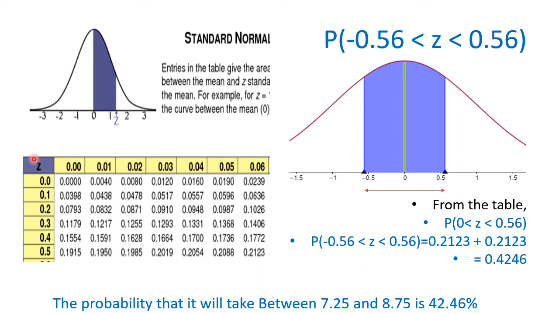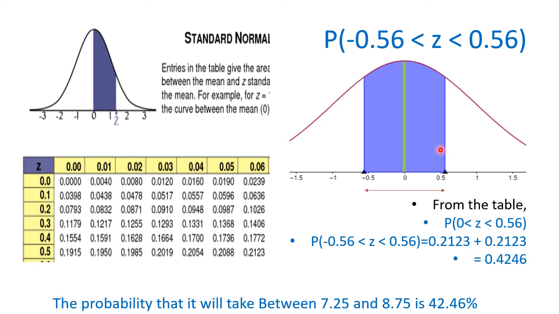I'm going to get to my z-score 0.5, and I'm going to move horizontally like that, and I'm going to get to 6. Go down. Where the 2 meet, it's 0.2123. Now, this area 0.2123 is this area only, between 0 and 0.56.